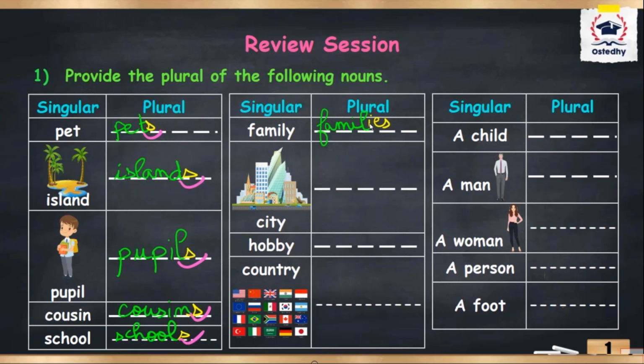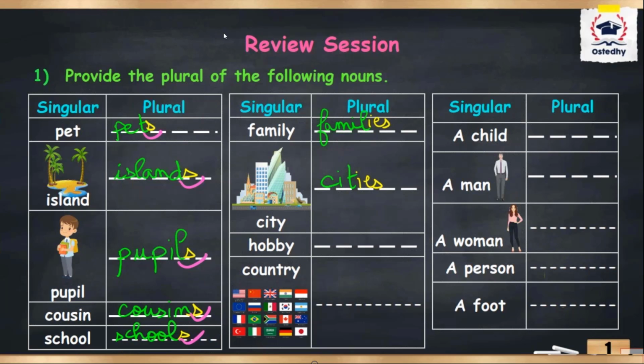Can I have Usema? Usema, please just open your mic. Yes, Usema? City. Good. So, plural? Cities. Exactly. We change the Y with the IES. It's exactly like families. Thank you, Usema.